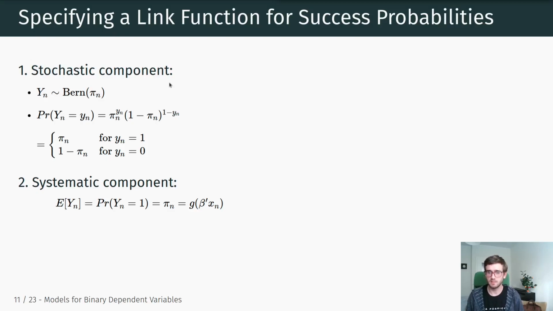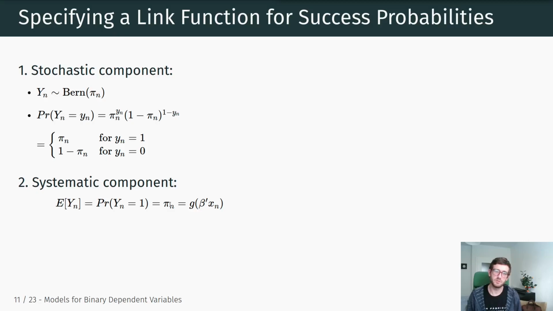And this is where our systematic component comes in, and this should look familiar to how we discussed this in the linear probability case. We have our expectation of our dichotomous outcome measure, which is equal to the probability of observing a 1, which we can also write as pi n in this case. And again, this has a subscript n because the probabilities differ between individual observations, but as I mentioned, they're not completely unconstrained.